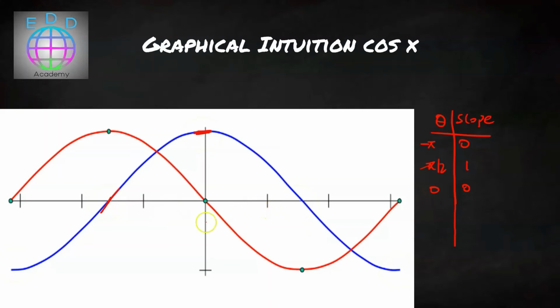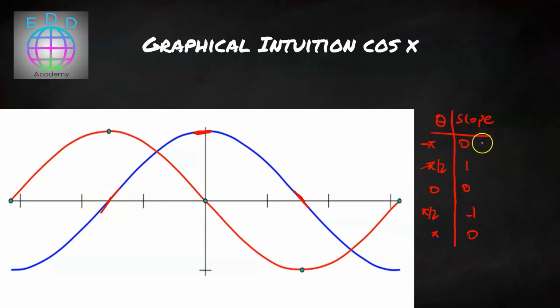So, looking at the positive equivalents of the values we looked at a couple seconds ago, at the value pi over 2, it seems that our tangent line is of the form y equals negative x, meaning it has the slope negative 1. And finally, at pi, the graph flattens out again, meaning it has a horizontal tangent line of slope 0.